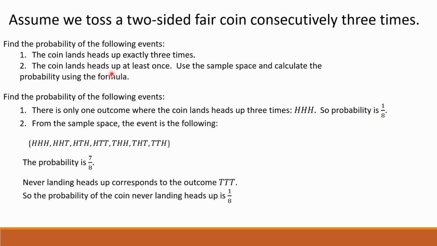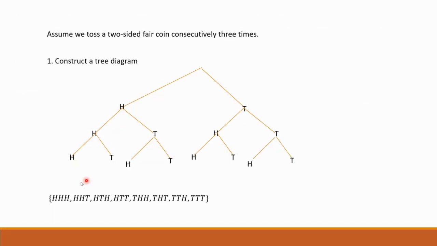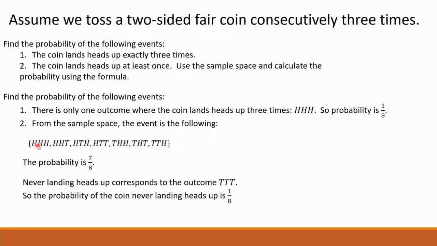What about the probability that the coin lands heads up at least once? Well, at least means one time or more. When does that happen? If we go to the sample space I listed here, we have 1, 2, 3, 4, 5, 6, 7.